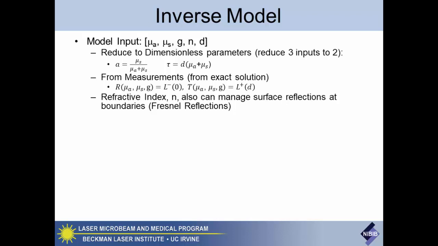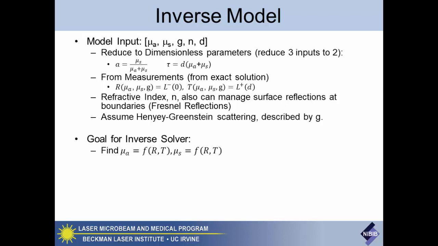So again, if you have Fresnel reflections, not all the light that is at the boundary will actually enter the sample itself, so you have a further reduction there that you need to account for. And you have the Henyey-Greenstein phase function to describe the anisotropy. But the goal now is to find a solution where you have the absorption being some function of your measured reflectance and transmittance. Same thing for scattering.